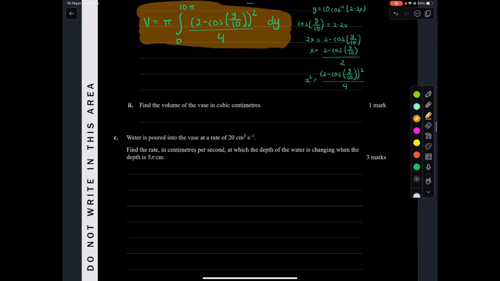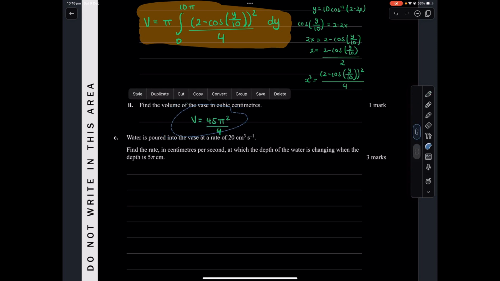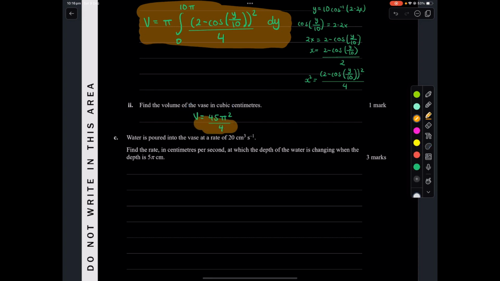Let's write that down. So hence your volume is just going to be 45 pi squared all over 4. And that's it. Make this a little smaller. There we go. Nice and easy. Next question.